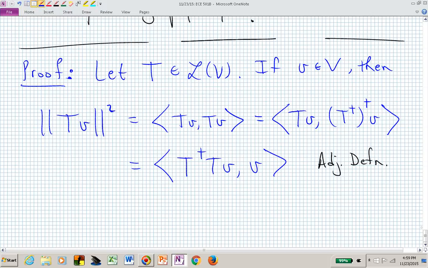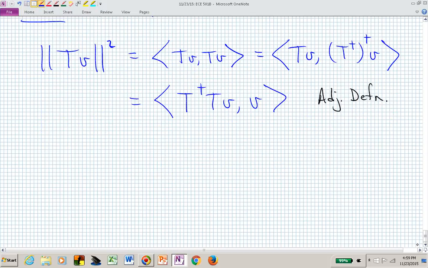But now I know that T dagger T is normal, and from these previous theorems that we talked about, Theorem 27 and Proposition 28, we can split that T dagger T into a product of square roots.